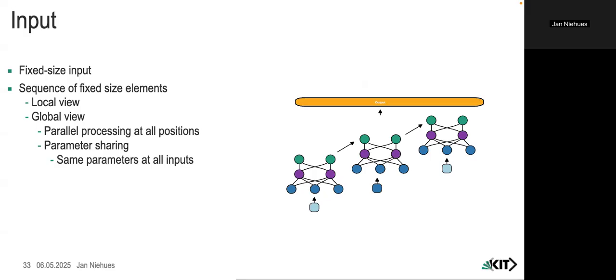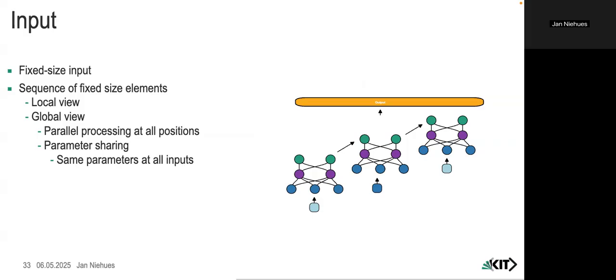So how you can handle sequences of input is by multiplying or duplicating your network, or processing the sequence several times, which in the end is exactly the same calculation. It's more like how you view it. Either you take your input, copy your network several times and process all things in parallel, or you just take the same network and apply it several times to each of the inputs. And then we don't need more parameters, but we can handle variable size input.